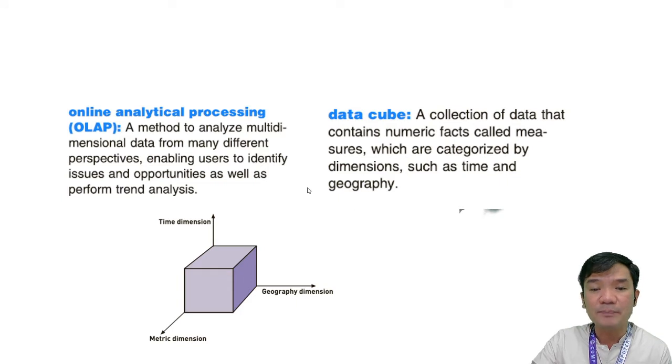If you look at this one, the time, the metric, and the geography dimension are defined by the data cube, but it doesn't mean that these are the only measures that can be used; you can use any. For instance, if we look at the enrollment system of IIT, let's say the DBA course, we can define one dimension as the semester, the second as the number of students, and another as the teachers that taught in that particular semester.